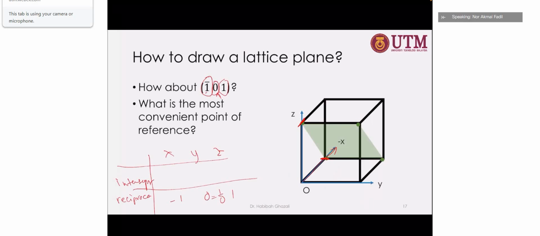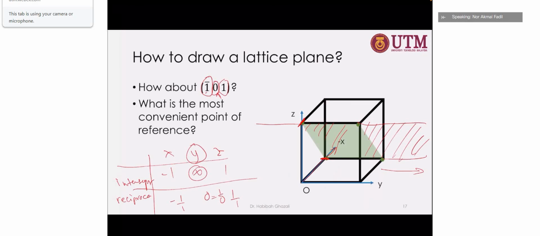Infinity. Yes, infinity. And 1 divided by 1, 1 divided by -1, we get negative 1 and 1. So what is infinity? If we look at the plane, it is parallel to that direction, parallel to the y direction.